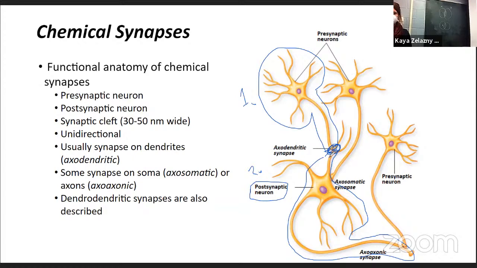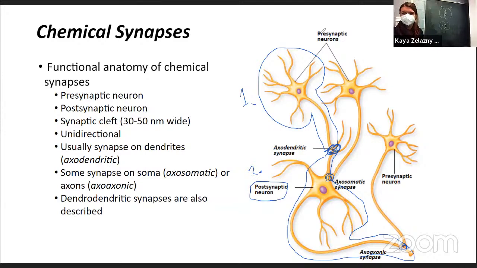So we'd have to think about what's happening at this synapse, but also what's happening at this axosomatic synapse, and then also what's happening at this axoaxonic synapse. So many neurons would affect whether we actually have this postsynaptic neuron fire off an action potential.